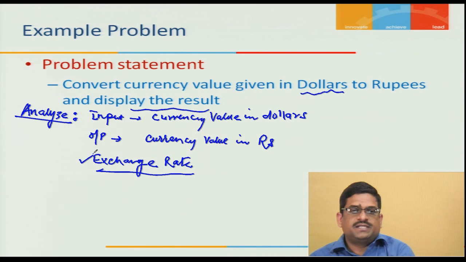Okay. Constraint: the currency value cannot be negative, and it cannot be 0 either. If it is 0, then everything is 0 only.